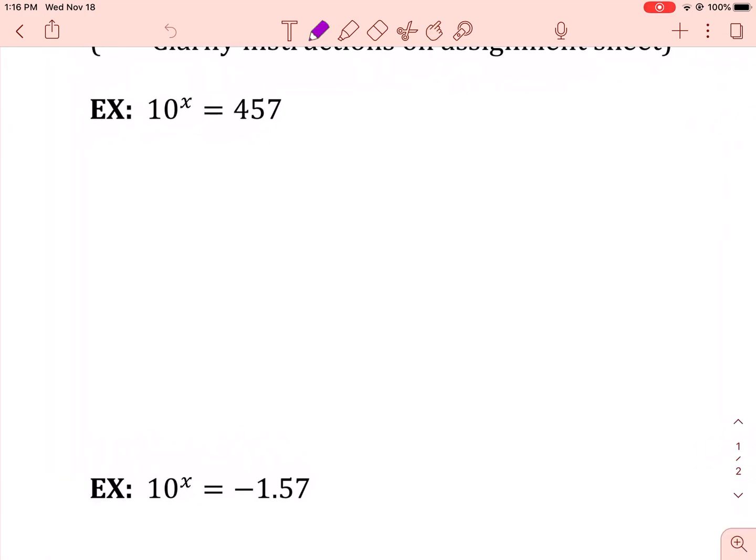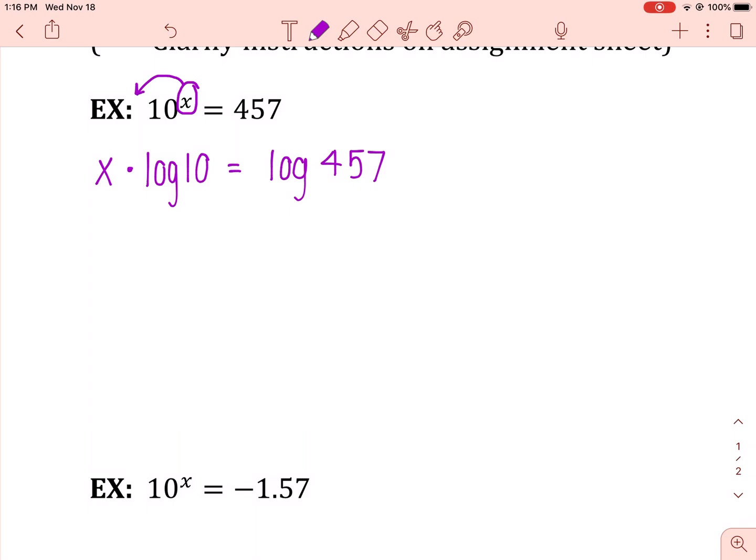When you take the log of both sides, the exponent will pop to the front. You're going to get log of 10 on the left. On the right side, you're going to get log of 457.